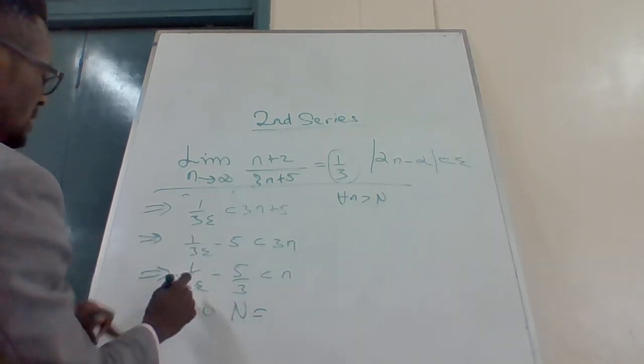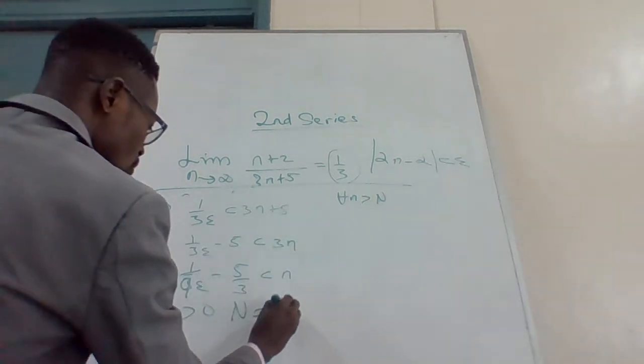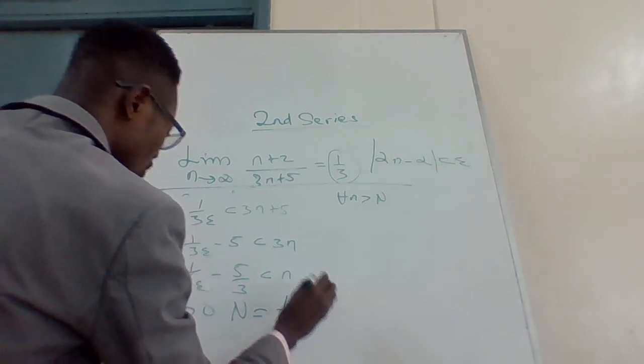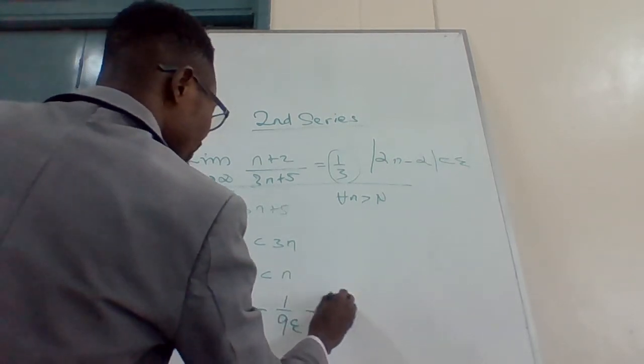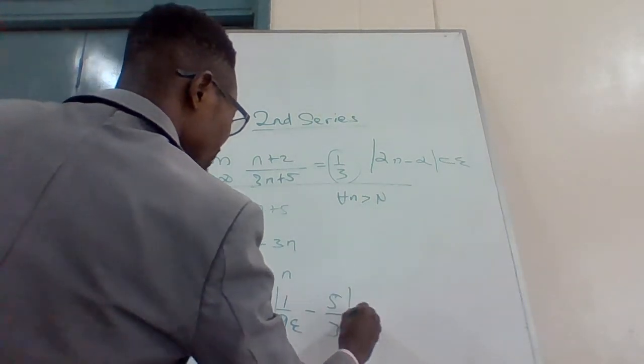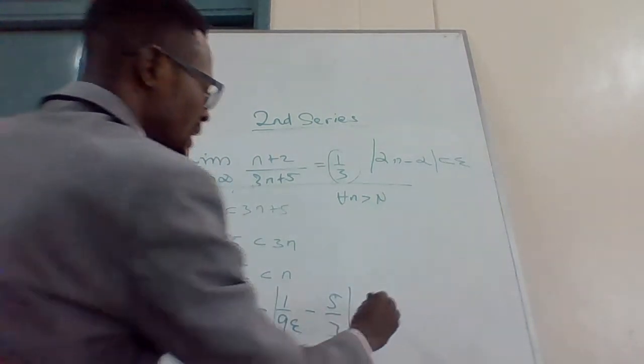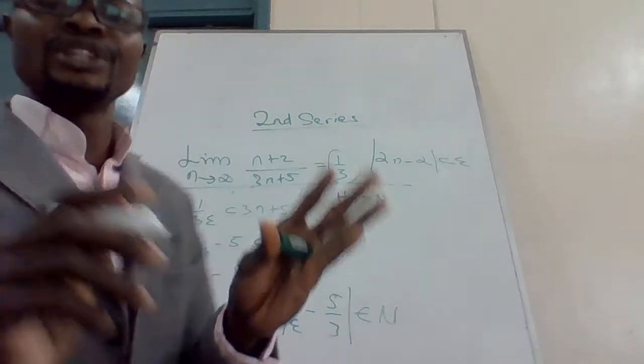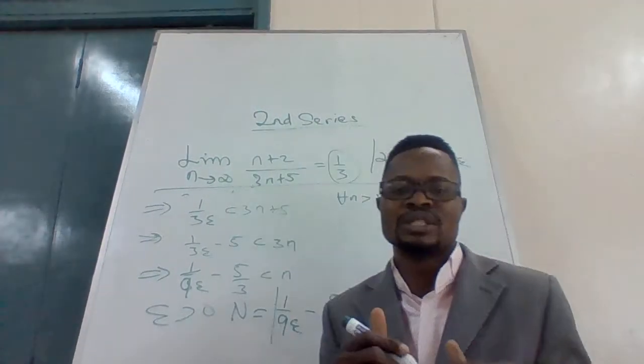So 3 by this is 1 over 9. So it is 1 over 9 epsilon minus 5 over 3. And this is a member of our capital N, which is a real number.